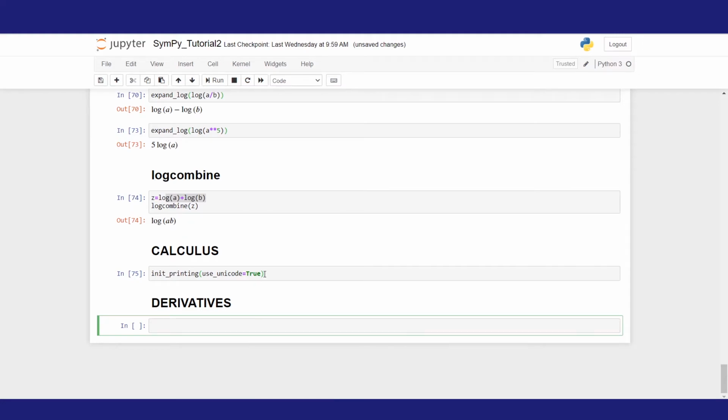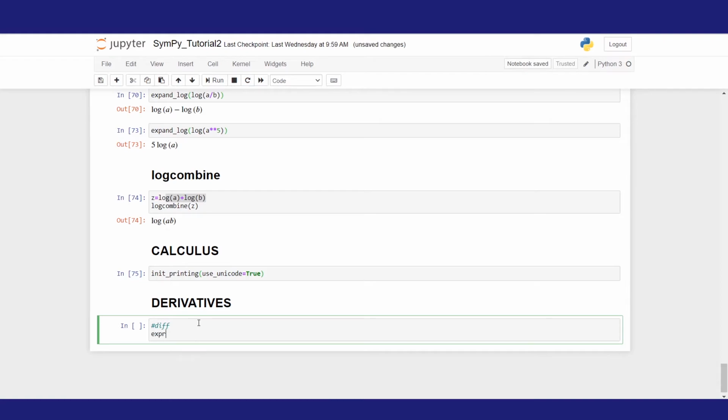So how do we differentiate basically functions? We already know that x is already imported in the system. So how to do that? We will use the diff function to differentiate.